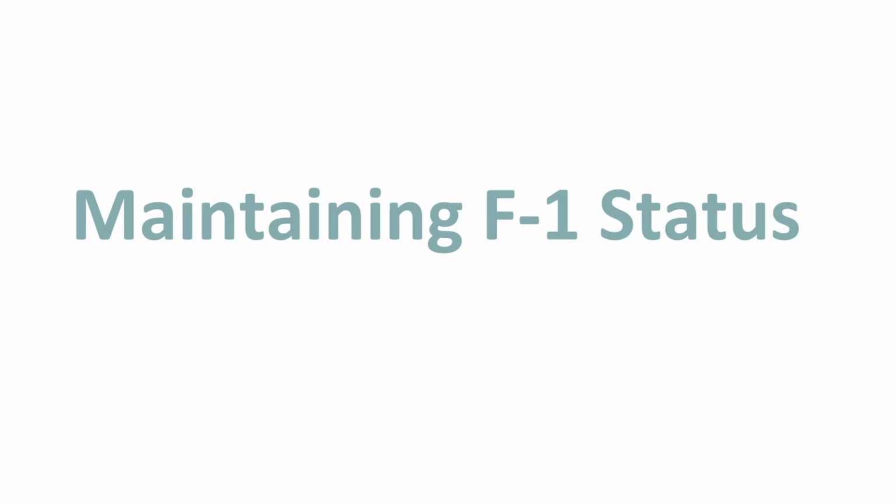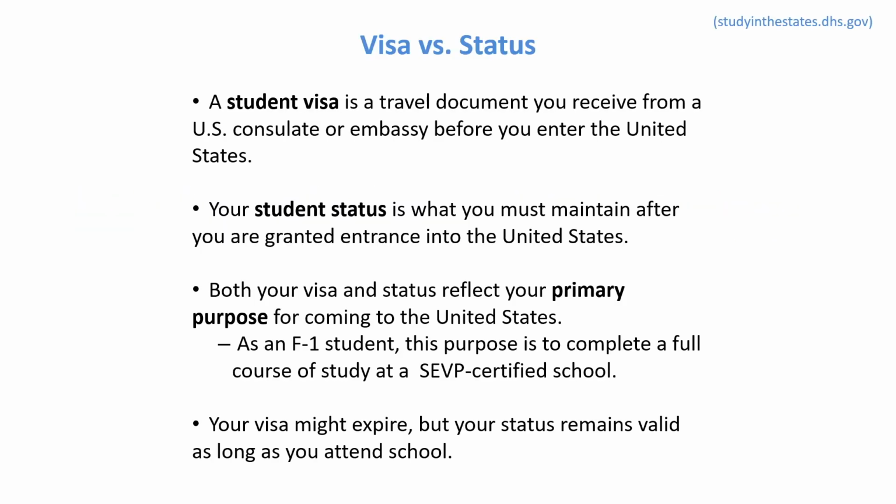Maintaining F1 status. Visa versus status. A student visa is a travel document you receive from a U.S. consulate or embassy before you enter the United States. Your student status is what you must maintain after you are granted entrance into the United States.